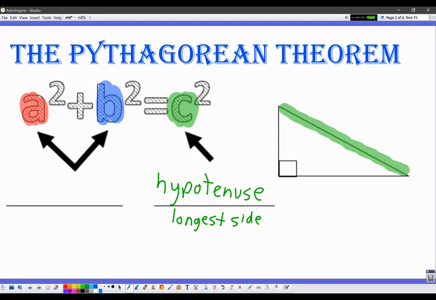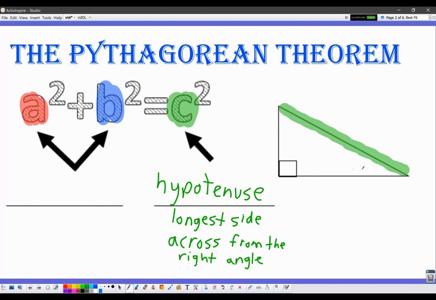But a better way to find the hypotenuse, because sometimes it's hard to tell which one really is the longer side, is whichever side is across from the right angle. Because remember, if this is a right triangle, it needs to have a right angle, right? So across from that right angle, I'm always going to be able to find the hypotenuse.